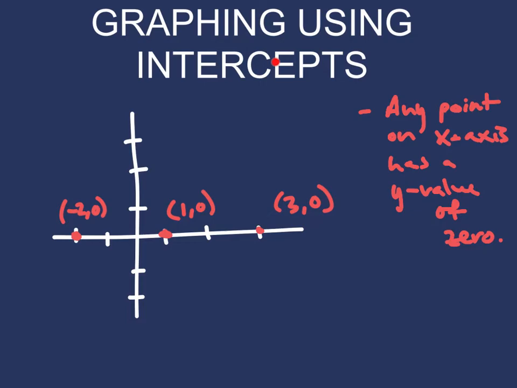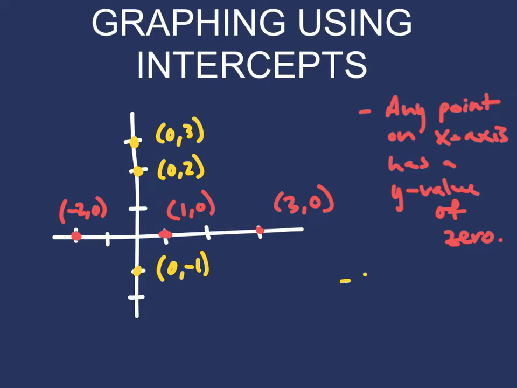If we wanted to look at things on the y-axis, let's do this point here, and this point here, and this point here. This is the point 0, -1. This is the point 0, 2. This is the point 0, 3. What I notice is that any point on the y-axis has an x value of 0.